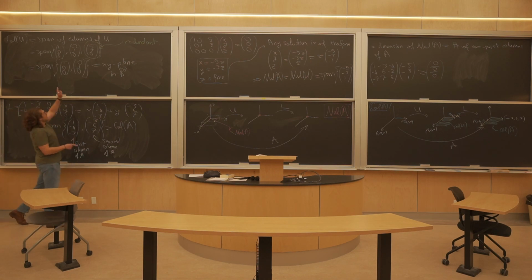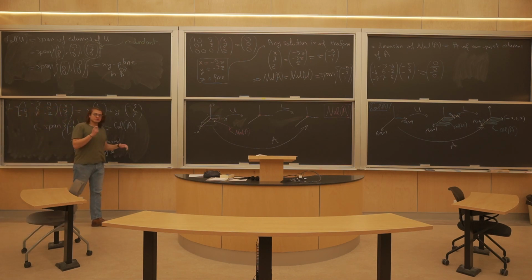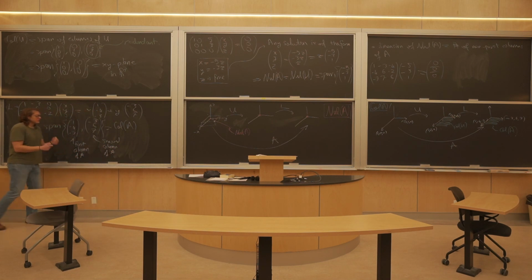Really, I had to go to the reduced echelon form, and in the reduced echelon form, the first and the second columns were the pivot columns. And if you know which columns are the pivot columns, you can go back to your original matrix, and the corresponding columns are going to span the column space. Any questions about this?